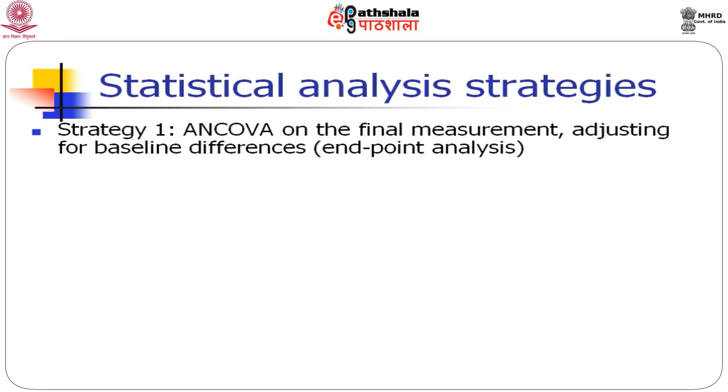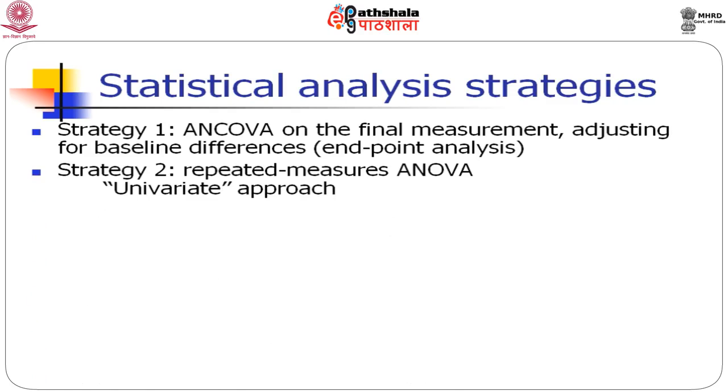Now, you can think of analysis of covariance where the covariate or explanatory character is basically the baseline. So you take the baseline character as the covariate and then take the responses or outcomes as the final measurement observations, right?